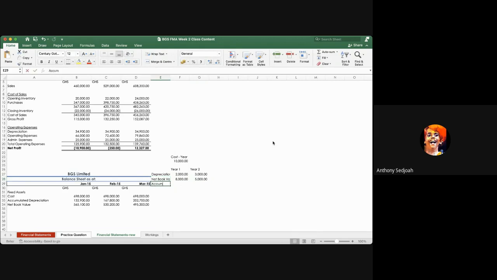Now let me bring in accumulated depreciation. As at year 1, accumulated depreciation is 2,000. As at year 2, accumulated depreciation will be accumulated depreciation in year 1 plus year 2's depreciation, 5,000.